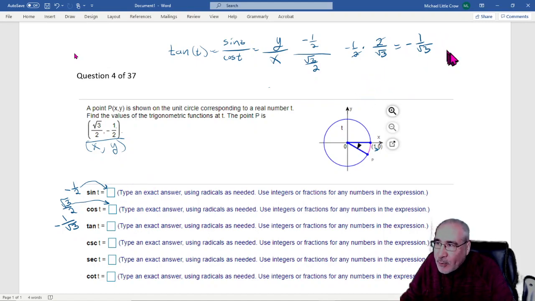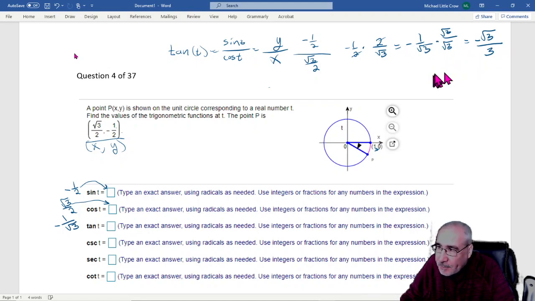However, we may need to rationalize the denominator. If you do, we could multiply this by square root of 3 over square root of 3, which is another form of 1, right? Square root of 3 divided by square root of 3 is 1. So we're really not changing the number, but what we end up with is negative square root of 3 over positive 3, right?